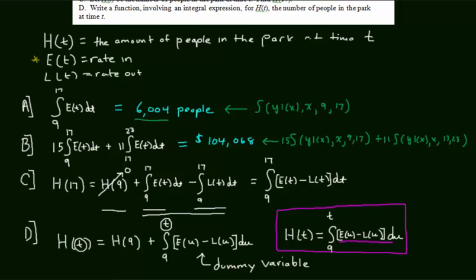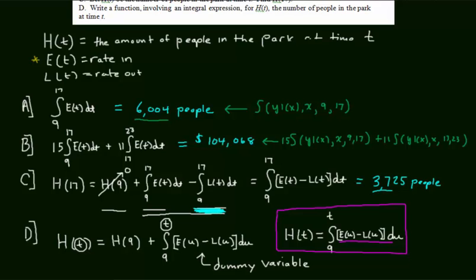Now finally, let's evaluate the answer to part C. The answer is 3,725 people. Notice that is less than the 6,000 people that were at time 17. The 6,004 were the amount of people who actually came in, and then we had to take away the people who actually left the park.